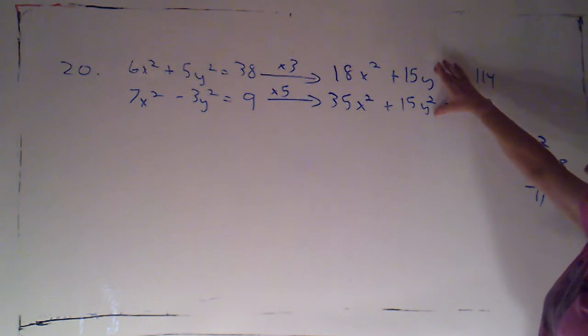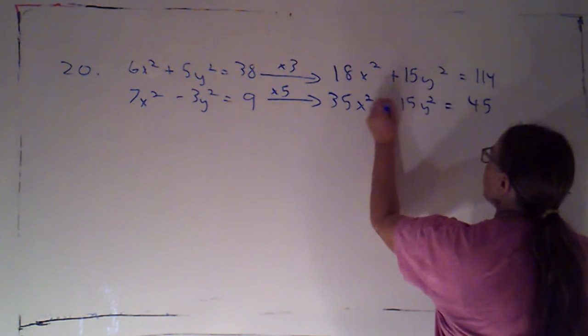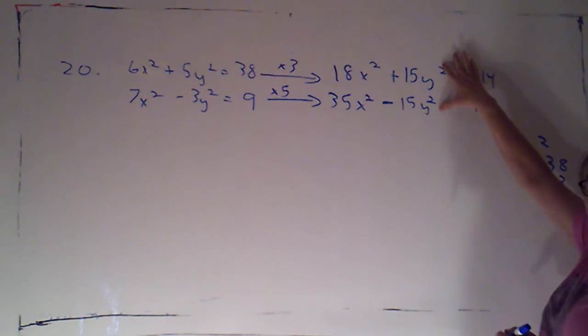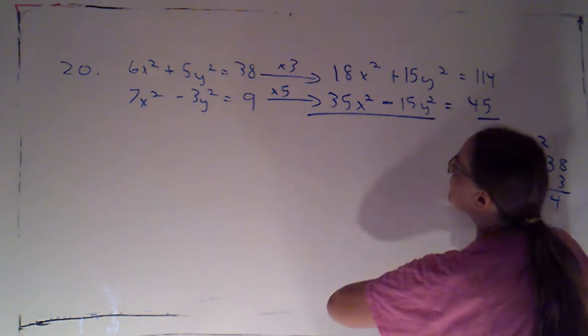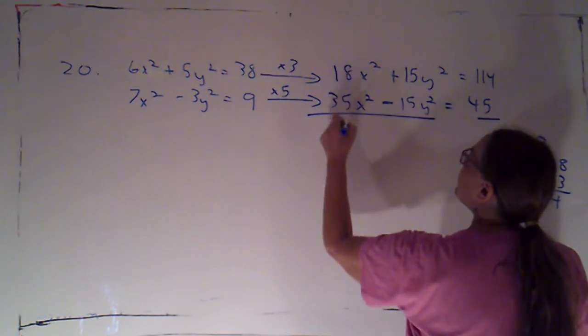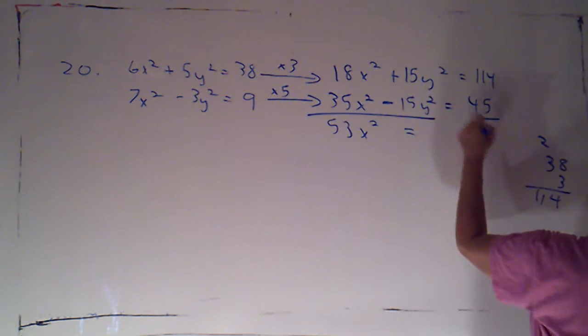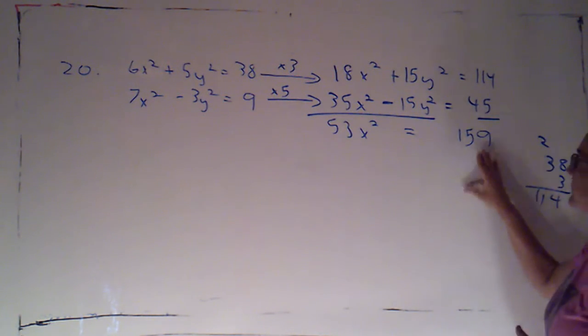So now we successfully have, whoops, I'm sorry, I said minus, I think, but I wrote a plus sign there. This should be a minus. Okay. So now we do have the opposite number of y squareds. If I add the two sides together, I'm going to have 53x squared is equal to 159.